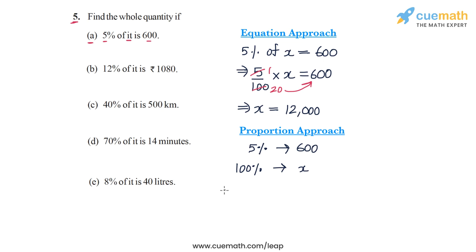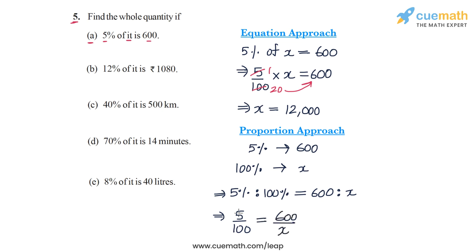So now we can form a proportion from these two relations. So 5% is to 100% will be 600 is to x. So this is the proportion that we can form, right? Now 5% is to 100%, we can write this as 5 by 100, and 600 is to x, we can write it as 600 by x.